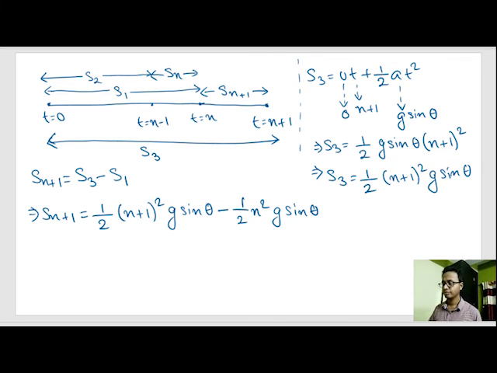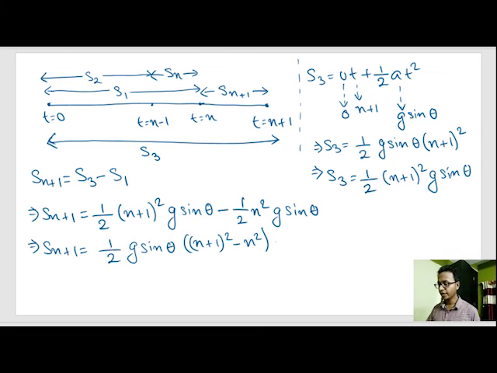Now let's solve the mathematics. Sn plus 1 is equal to half g sin theta into n plus 1 whole square minus n square. So we can expand this: n plus 1 square becomes n square plus 1 square plus 2n, minus n square.